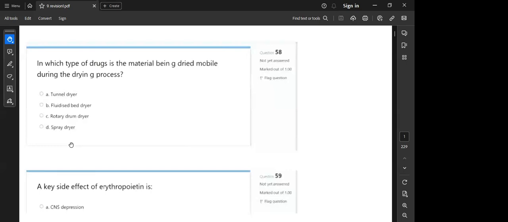Well, seems like even in the rotary, it's also moving. Yeah. So between the tunnel and the rotary drum dryer, they both seem to be mobile.